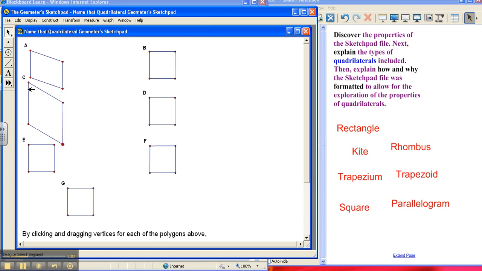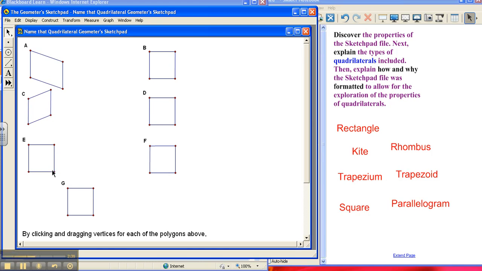Well, it looks to me like whether it's small or large, whether it's turned this way or that, all the sides are of equal length. What kind of figure is that? Well, from the list, a rhombus has those characteristics of all sides being equal length, no matter what the angle measure or the size of the figure. So I'm going to conclude that letter C is designed to be a rhombus.